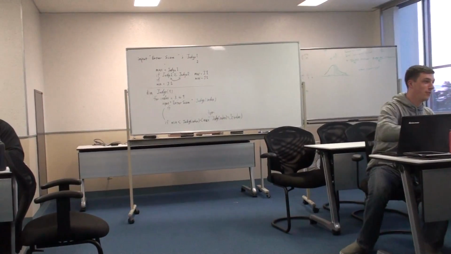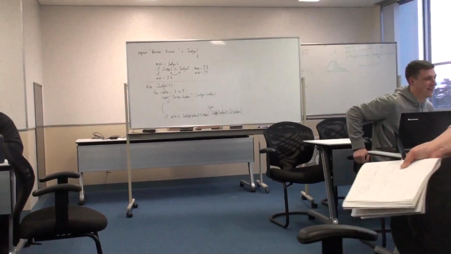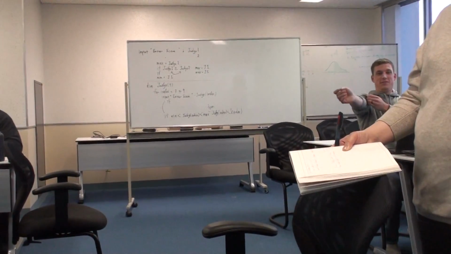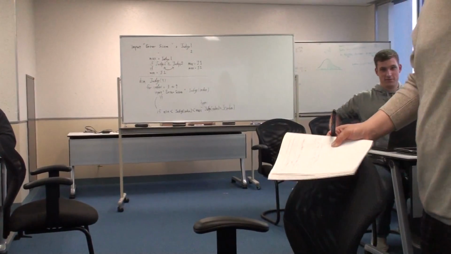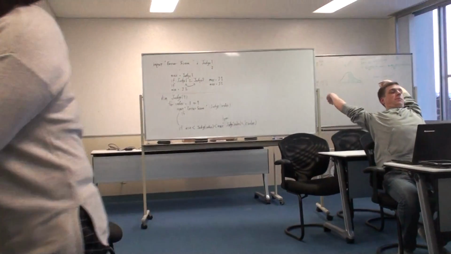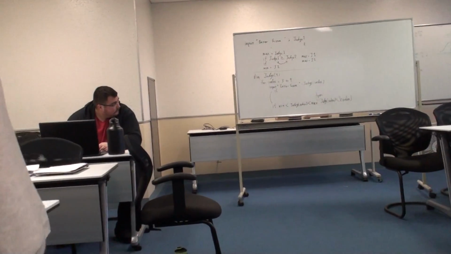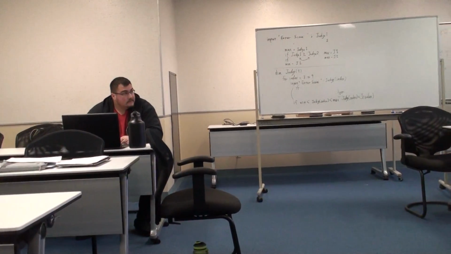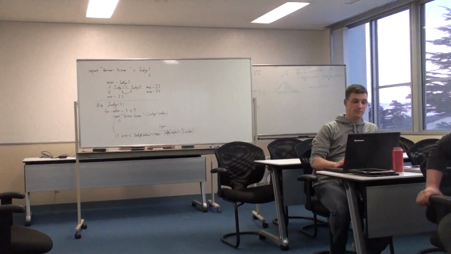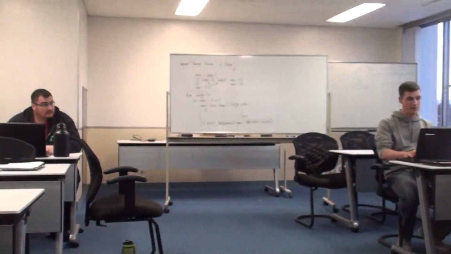Now you can work as groups. We've reached that stage. You can work with other people, or you can work alone if you're the Lone Ranger. It's up to you. And you want to load your code and then we'll play your game.